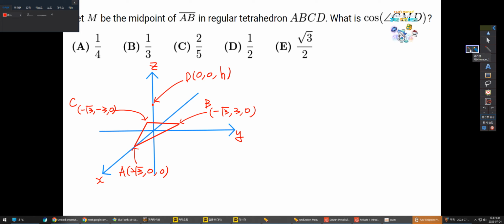So that means, if we connect D and B, the distance will also be the side length of 6.